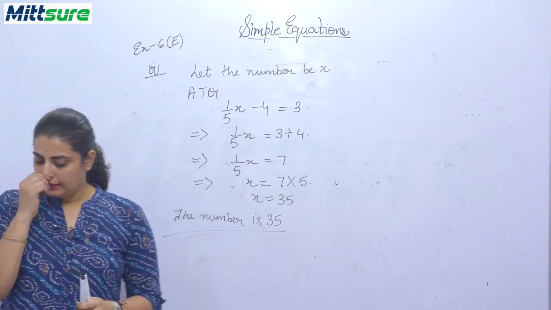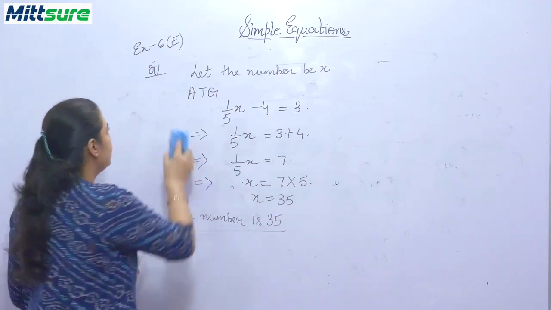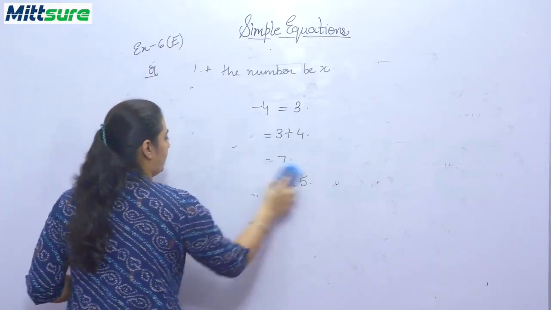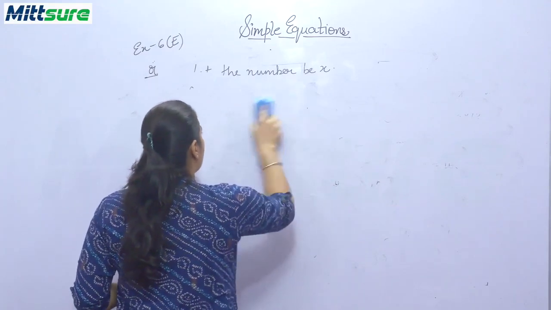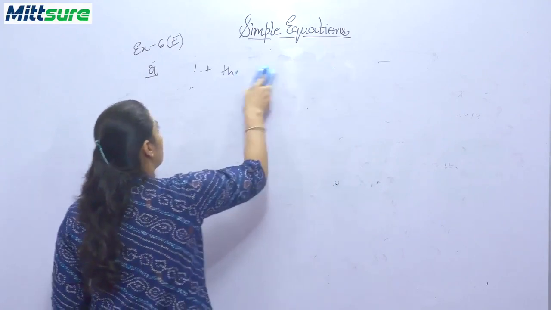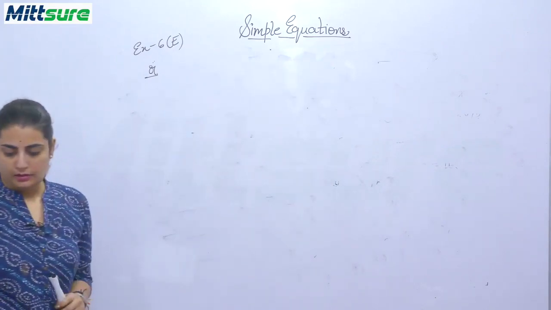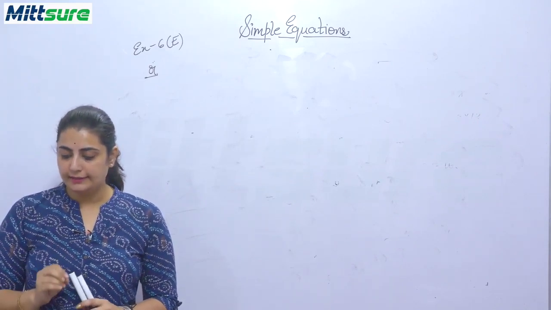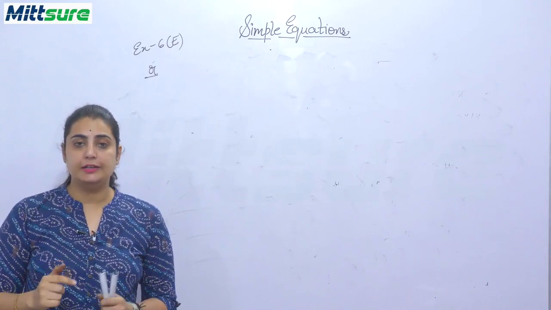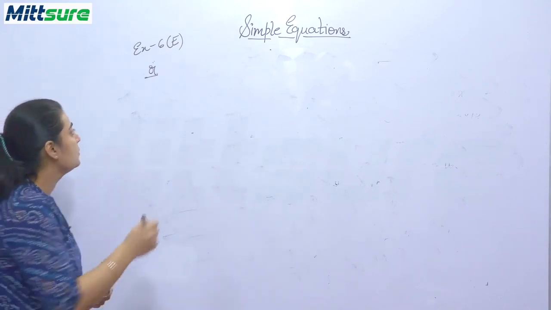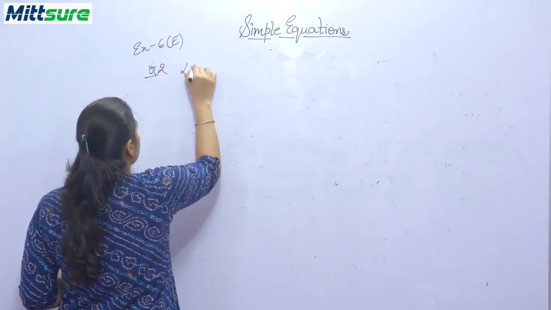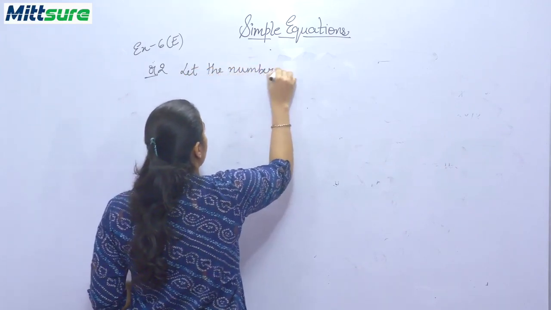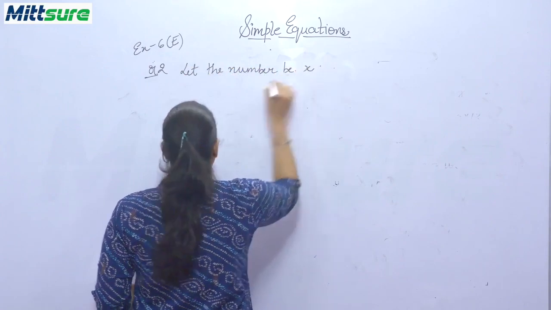Now, we will again go to question number 2 and let us see what is there in question number 2. Now, in question number 2 we have: what is that number 1/3 of which added to 5 gives 8? So let the number be x.